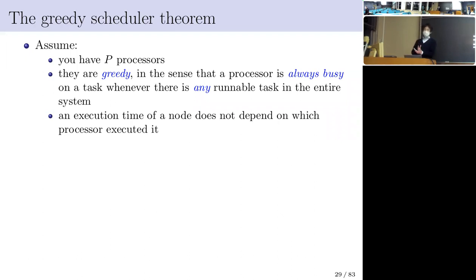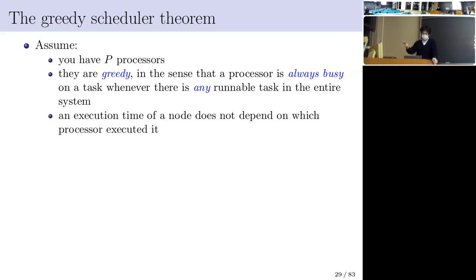But actually, the more important implicit assumption here is that it is ignoring the effect of caches, for example. When particular data is in the cache of a particular processor, that processor is able to execute that task faster than the others. But in this technical discussion, we are assuming that this is not the case.